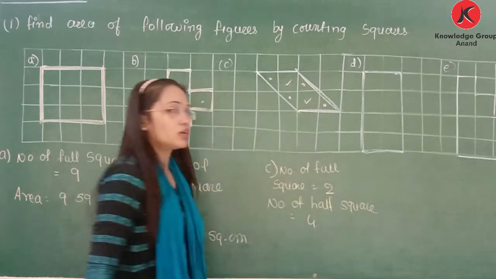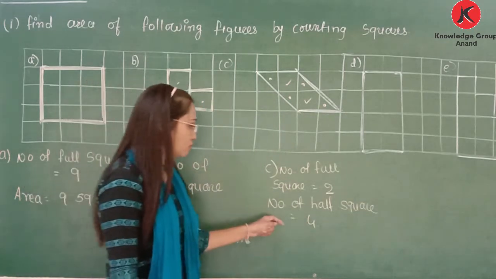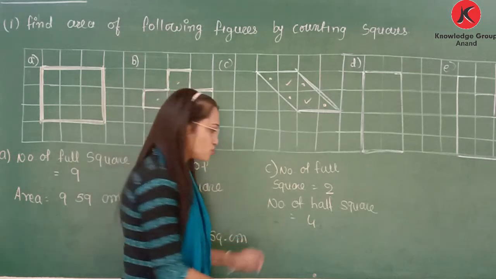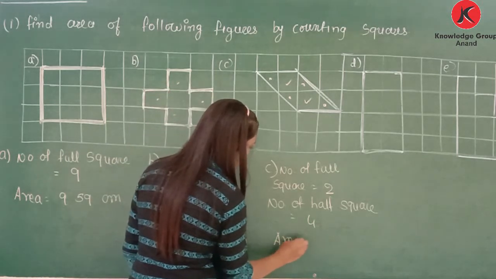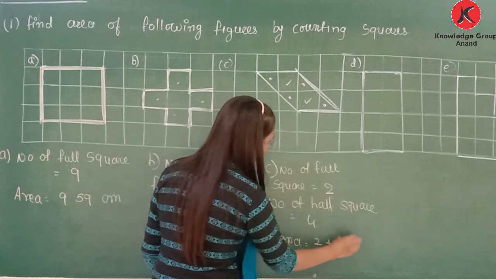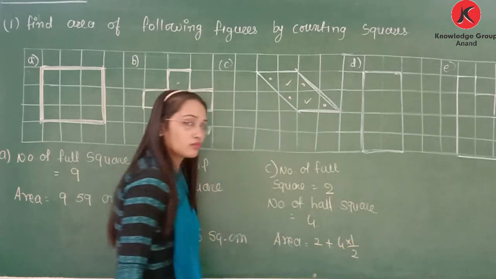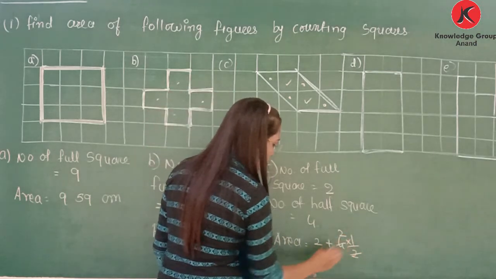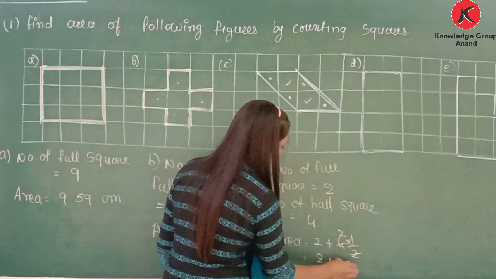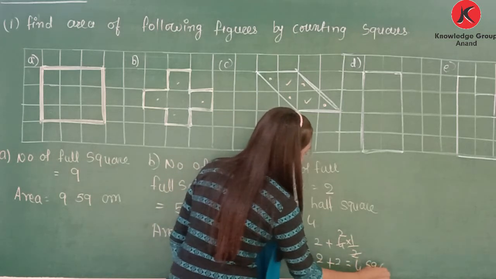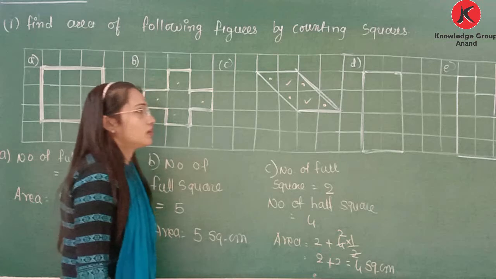So that is 4. Now number of half squares is multiplied with 1 by 2. So area will be 2 plus 4 times 1 by 2. So here it is 2. 2 plus 2, that is 4 square centimeter. Clear?